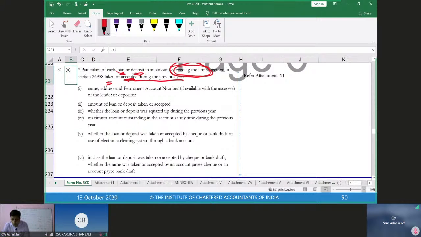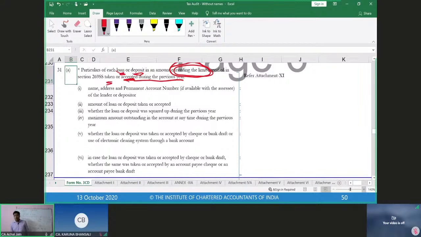Whether the loan or deposit was taken or accepted by cheque or bank draft or use of electronic clearing system through a bank account, means the mode of payment by the lender or the depositor, or the mode of receipt in respect of loan or deposit is required to be mentioned. 6.